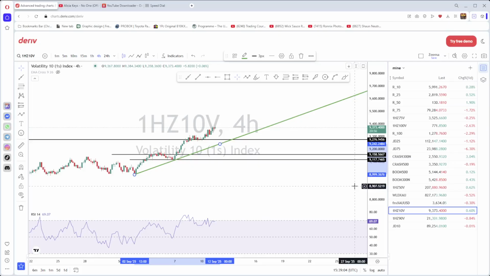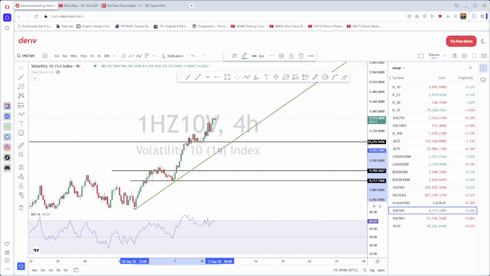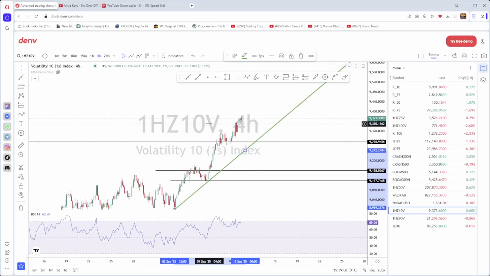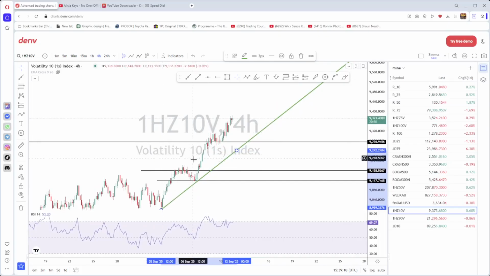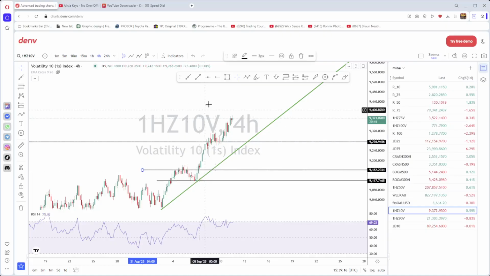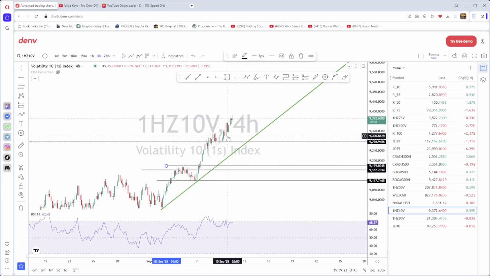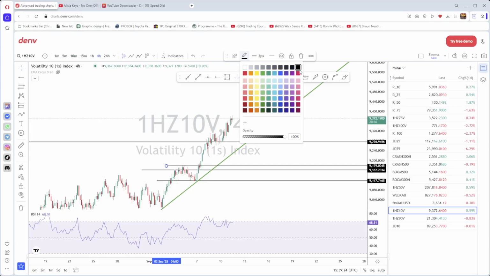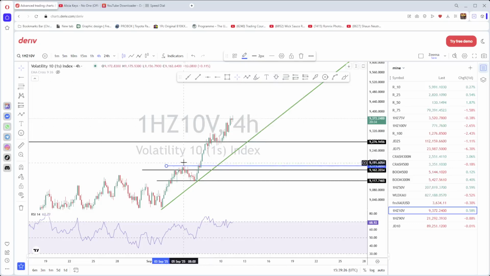All right, so we're in an uptrend, right? Strong uptrend. These are daily levels. We just move this level up. I would normally just do what I normally do. Add a blue, that signifies the 4 hour.